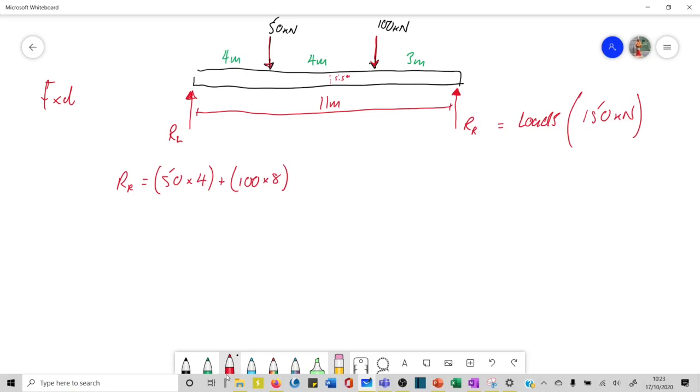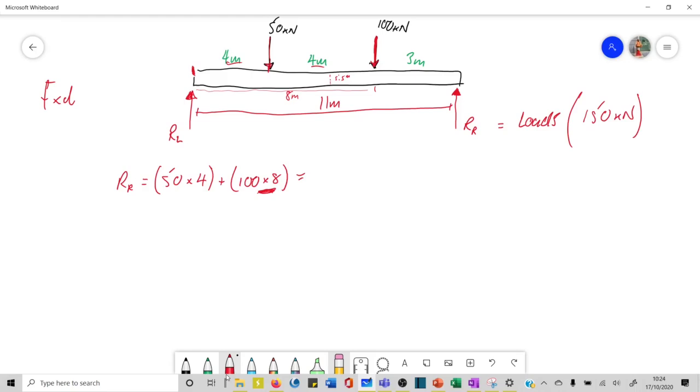Because from there to there is 4 meters, and then to the next force it's 4 meters plus 4 meters, so it's 8 meters to this point here. That's why we've got that there.